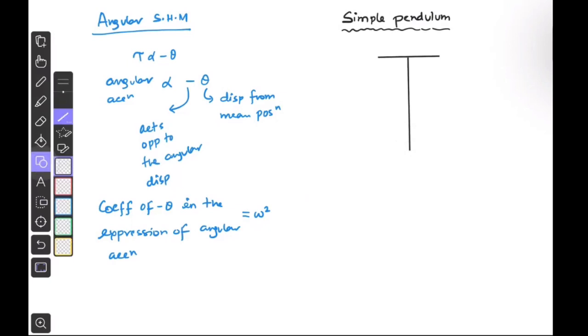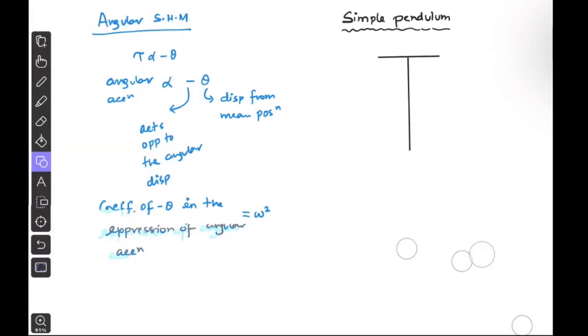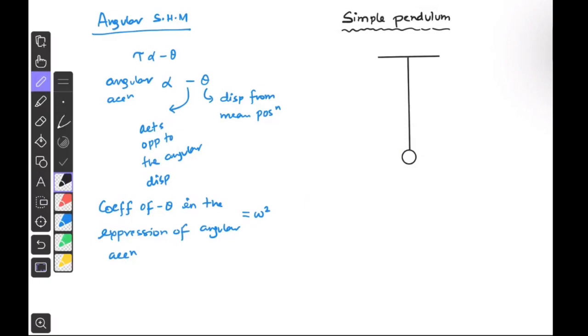Suppose I have a point object or the pendulum bob, so what really will be the mean position? When the string is vertical. Because at the mean position, the particle undergoing pure rotational motion, what must be 0? Net torque must be 0. So net torque will be 0 only when the string is vertical.